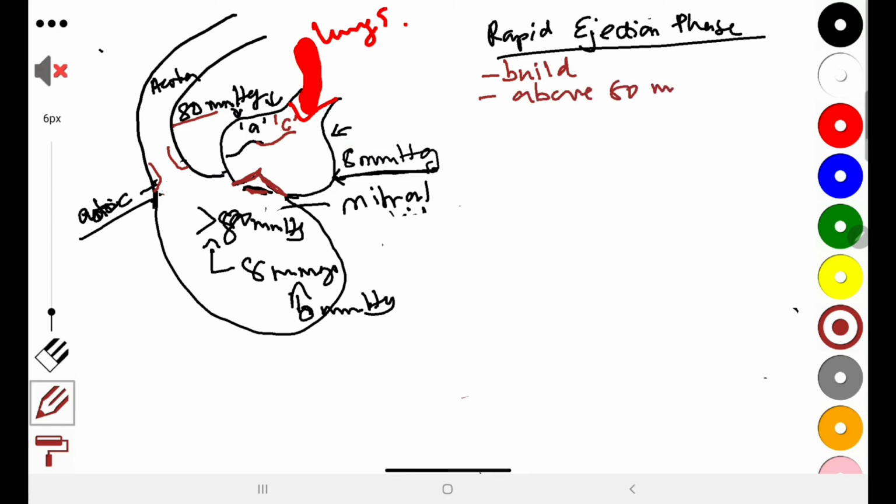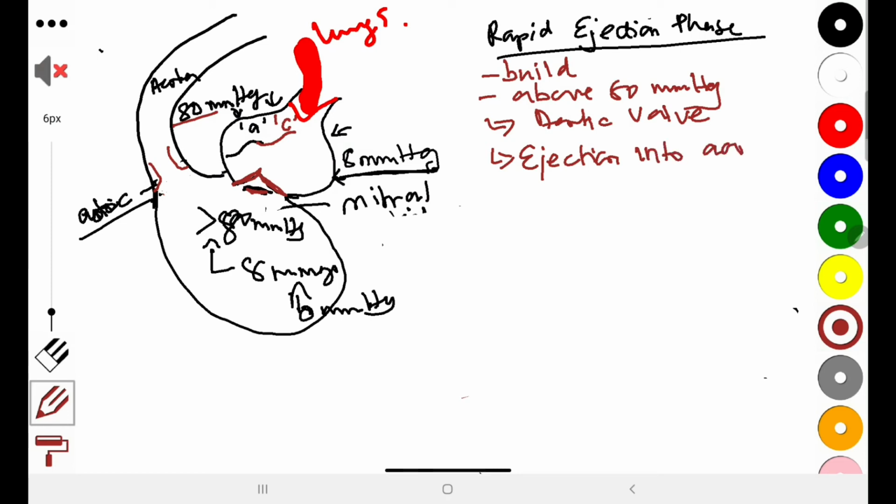Once it went above 80 millimeters of mercury, we saw that the aortic valve opened. Now, the opening of the aortic valve will result in ejection of blood into the aorta from the ventricle.